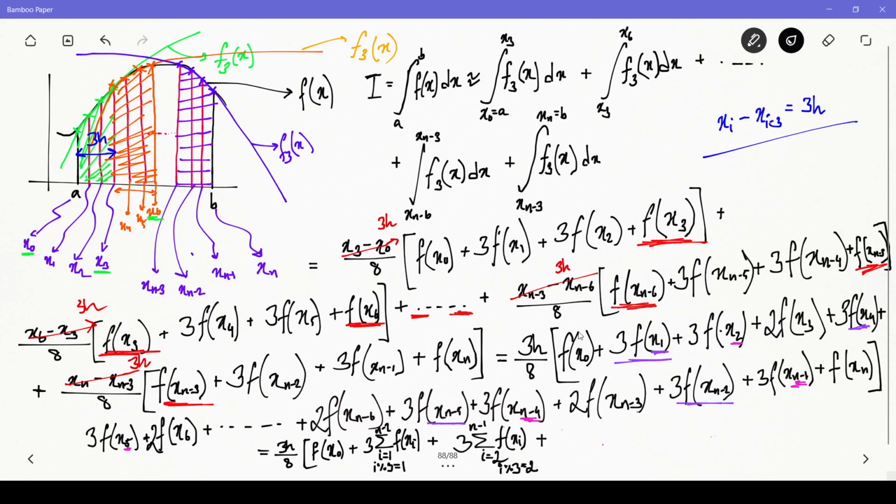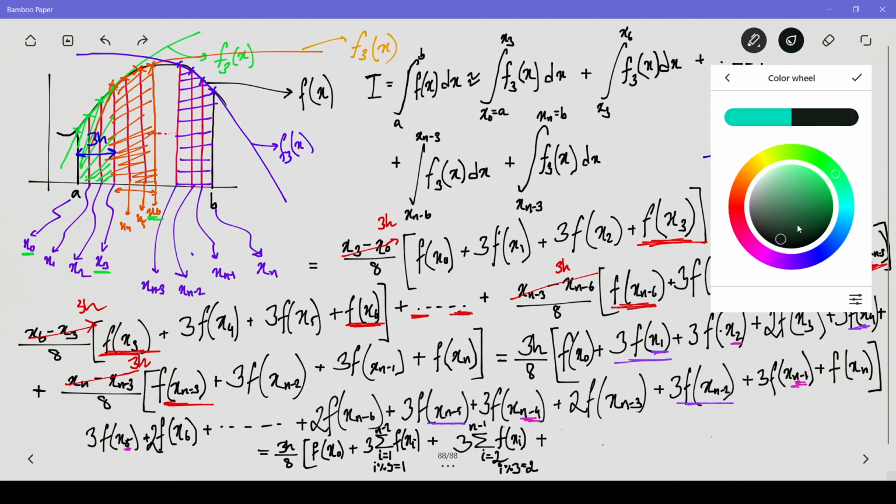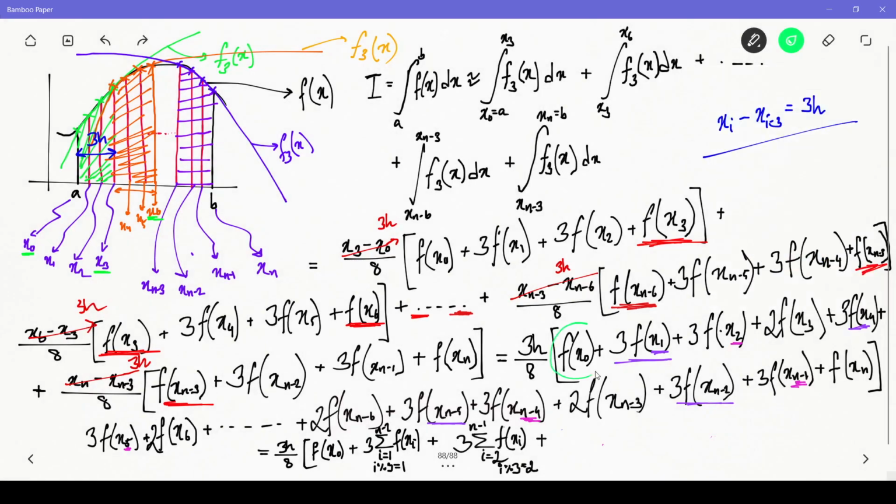And lastly, what do we have? We have taken care of this thing. Let's use a different color. We have taken care of this term over here using this. We have taken care of these terms using this thing over here, which covers the first of these three multiplied terms. So these terms are represented using this term.